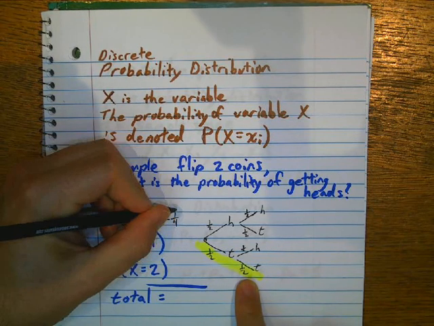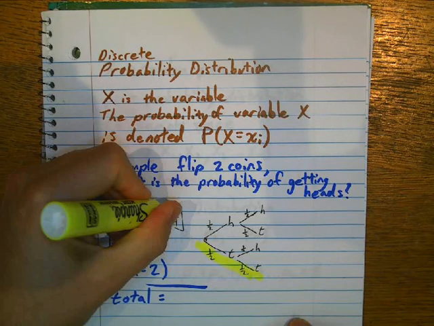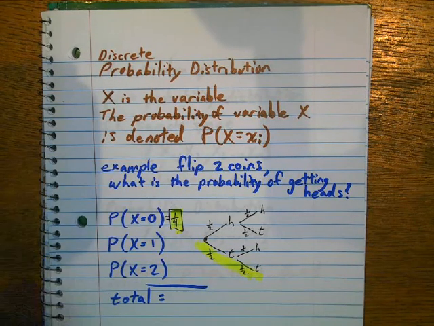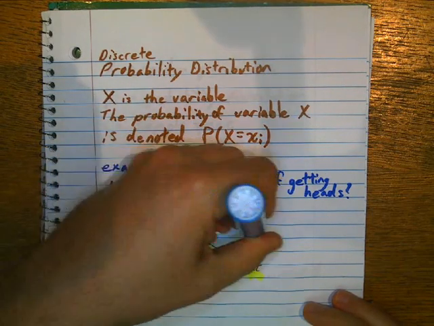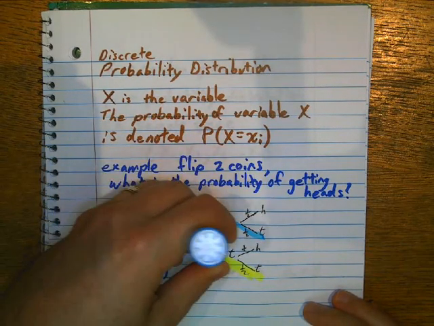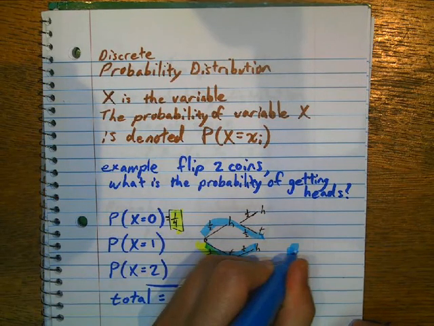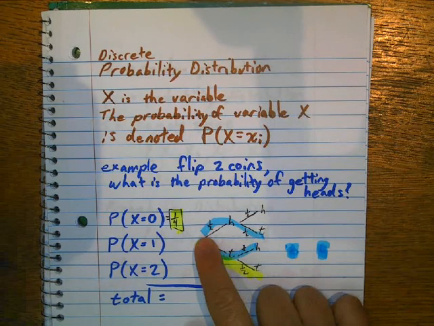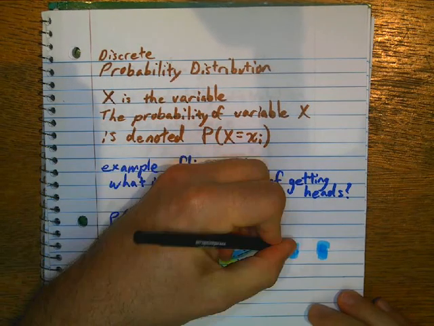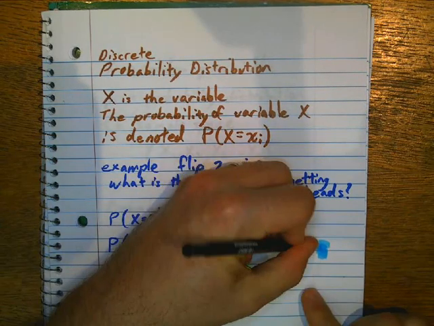Now, the probability of getting heads once: I'm either going to get heads and then tails, or tails and then heads. So this blue path here plus this blue path here, 1/2 times 1/2 is 1/4, and 1/2 times 1/2 is 1/4.